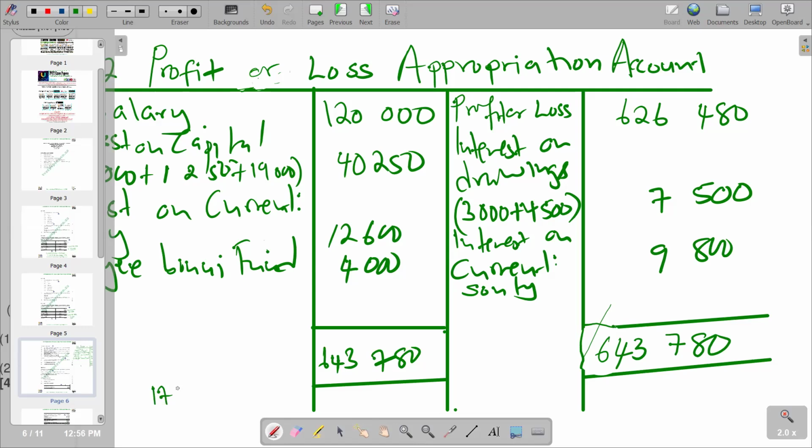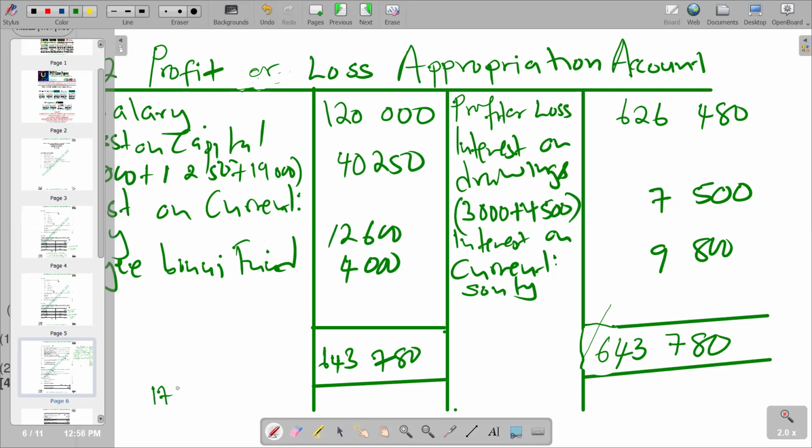Remember, we are not going to have any balance c/d in the profit or loss appropriation. The balancing figure is transferred to the current account as share of profit or share of loss. So if the credit side is a smaller total, it would be a share of loss. In this case, we've got a share of profit.